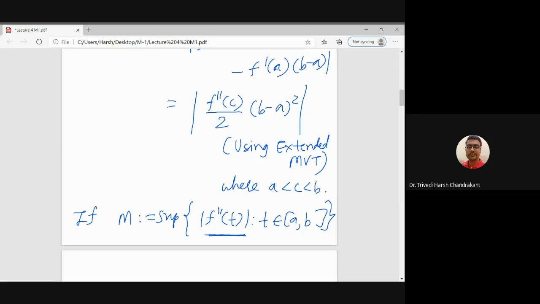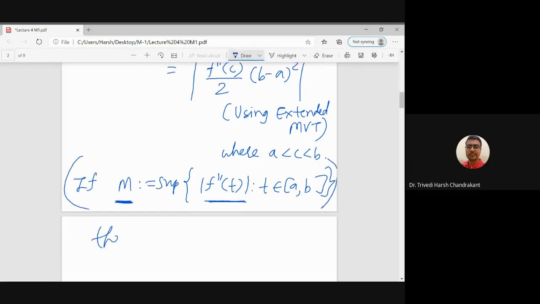Suppose our function is a good continuous function whose second derivative is also continuous. Then we know a known result that any continuous function on the closed interval assumes the maximum value. So that maximum value we are calling m. So then modulus of f double dash t is less than or equal to m.